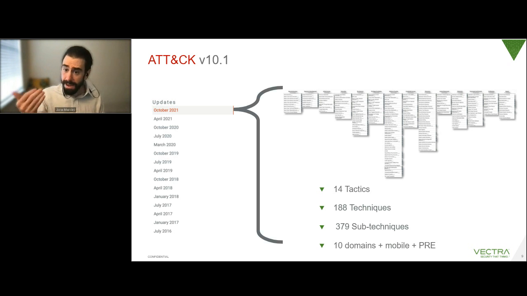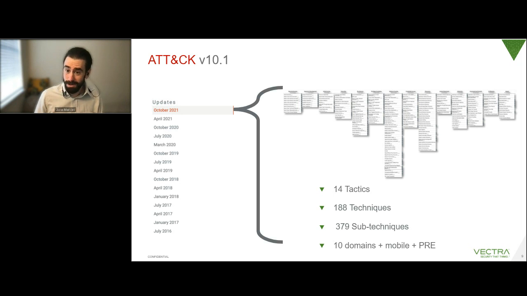And now within all these different tactics, these different objectives attackers have, there's also techniques, more techniques. We're at almost double the original number, broken down even further into sub-techniques, where a sub-technique is effectively a fine-tuned version of a technique, a specific of what the actual attacker would do in a given scenario. And all these techniques and tactics are broken up into different domains.